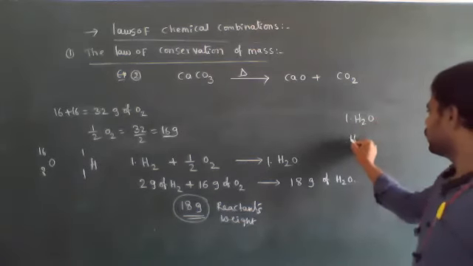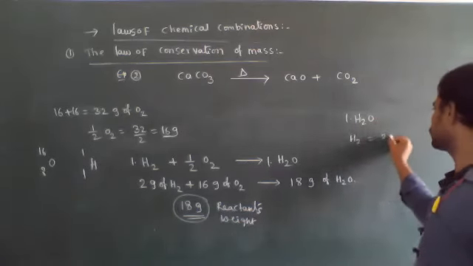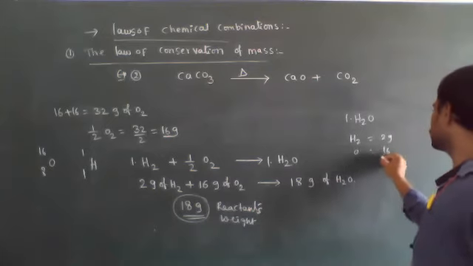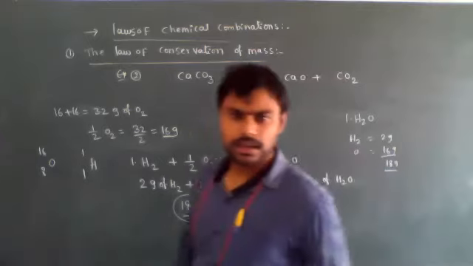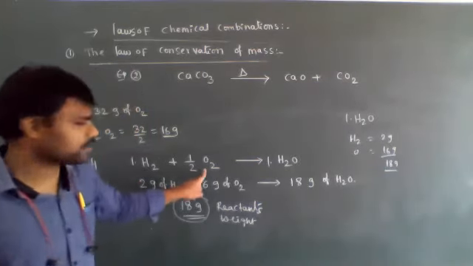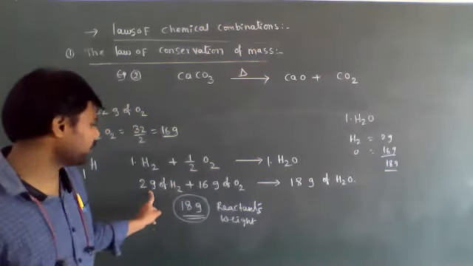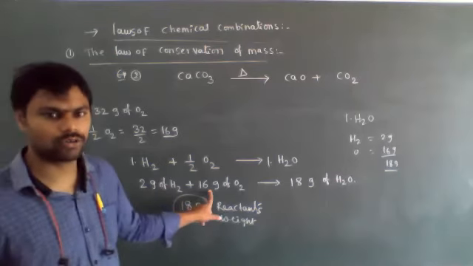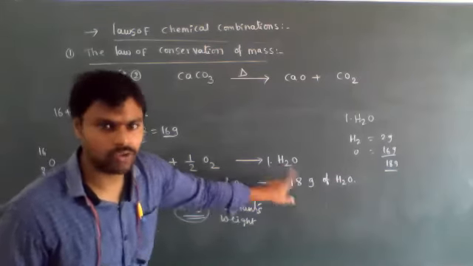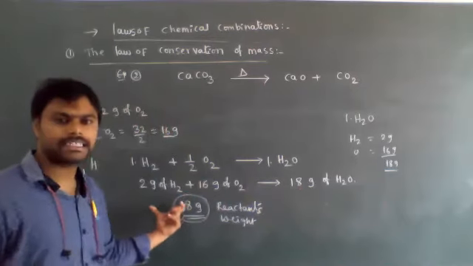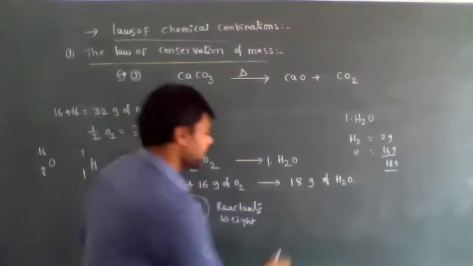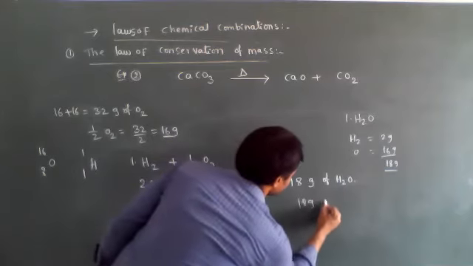Hydrogen H2 2 grams, oxygen 16. Total 18 grams. That's why H2 plus half O2 means 2 grams of H2 and 16 grams of O2 form 1 mole of H2O. 1 mole of H2O weight 18 grams. That's why the reactants' total weight is 18 grams and products also 18 grams.